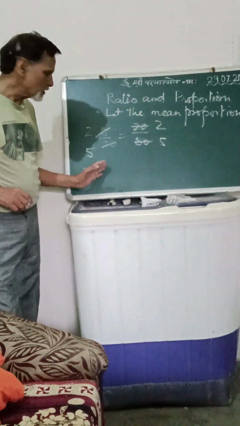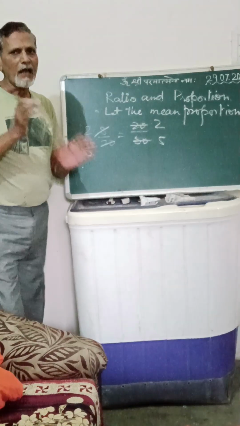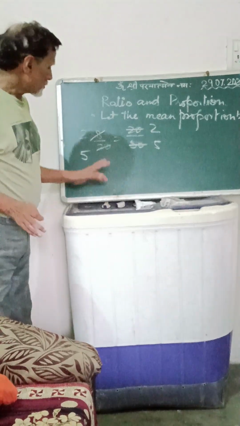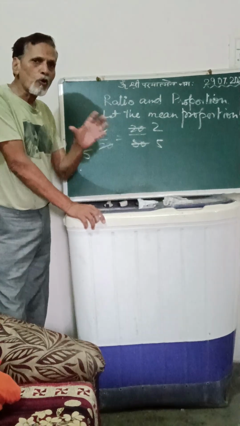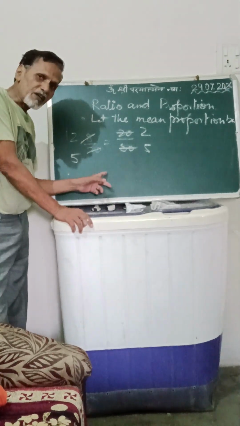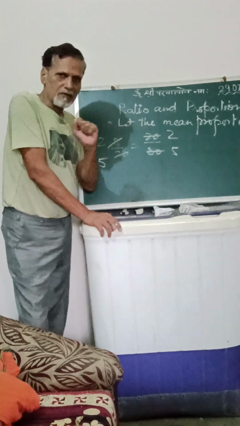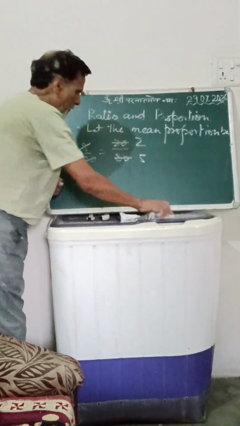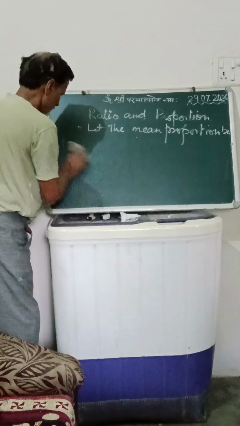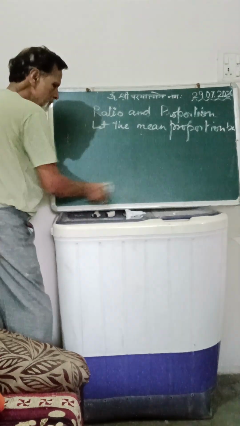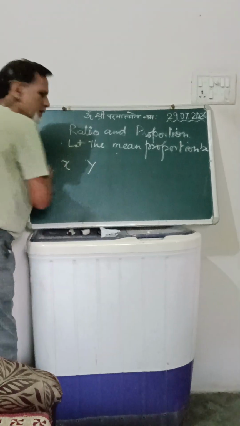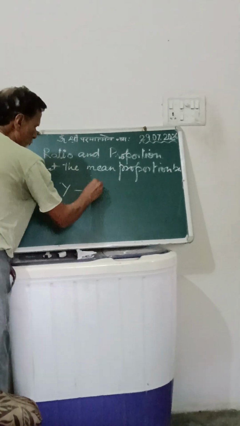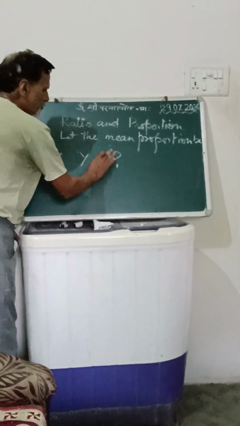After this, we will do the third proportion. In third proportion, the first two are given and the third we have to find out. The number which is at the second place will occupy the place of second as well as third. Okay? Mind it. Suppose x, y are given and we have to find out the third proportion. Suppose it is z.